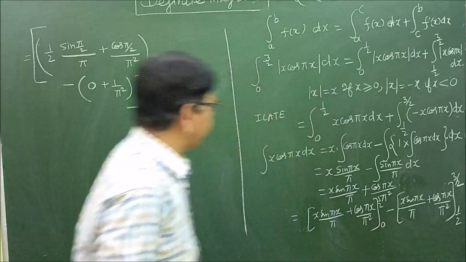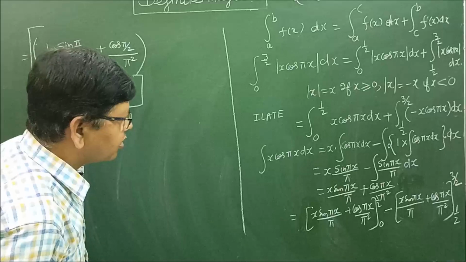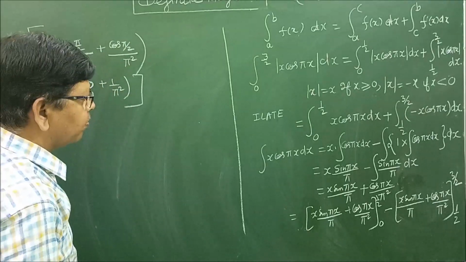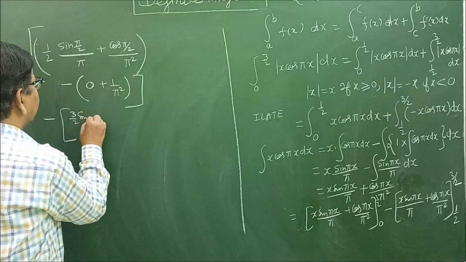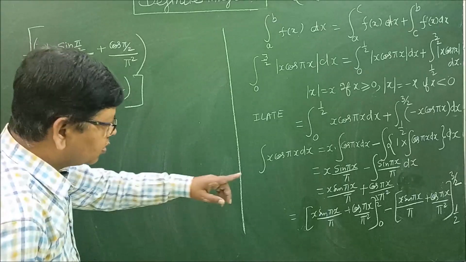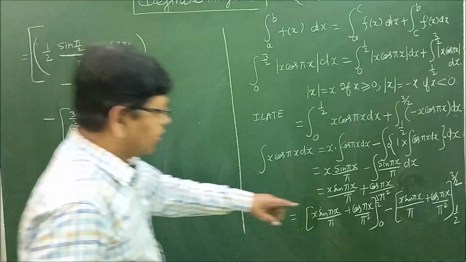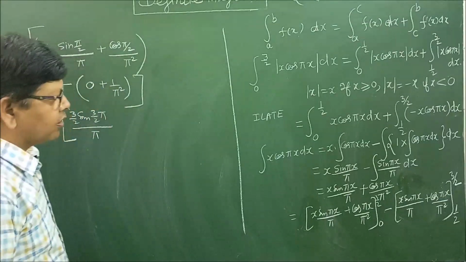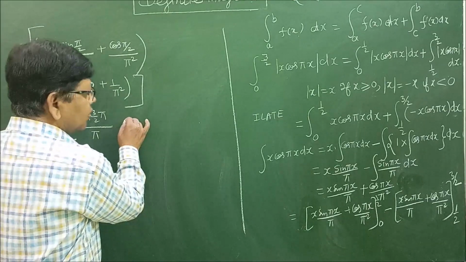Now in the second bracket, minus sign, putting x is equal to 3 by 2, 3 by 2 sin 3 pi by 2 upon pi, and then cos 3 pi by 2 upon pi square.